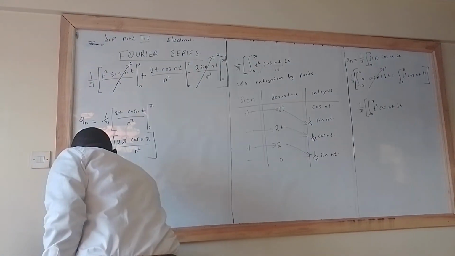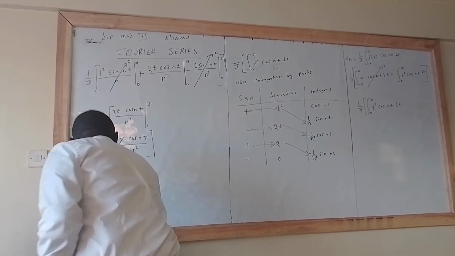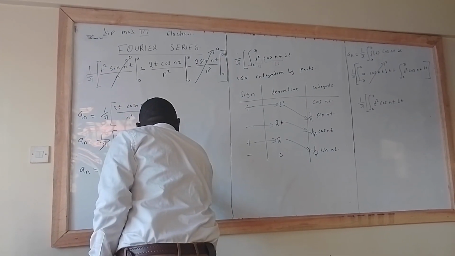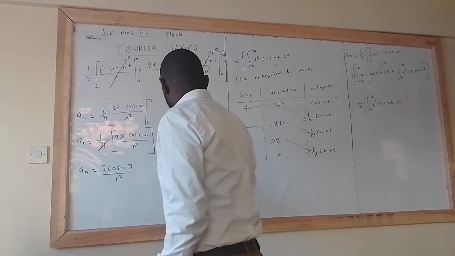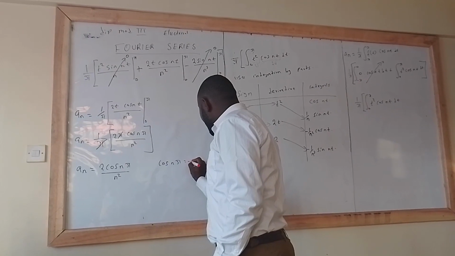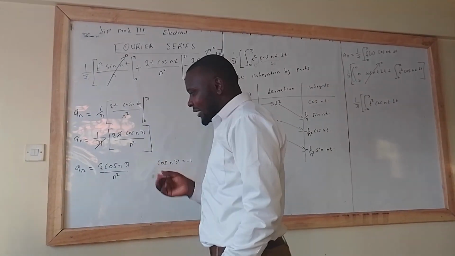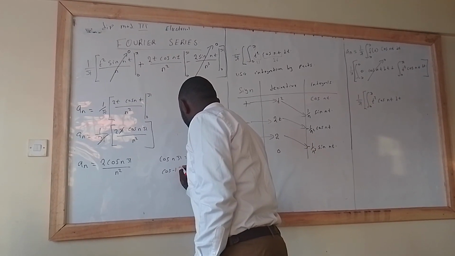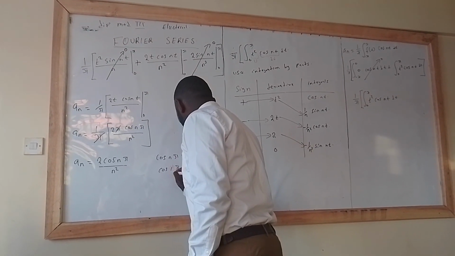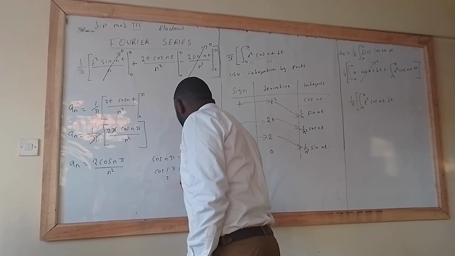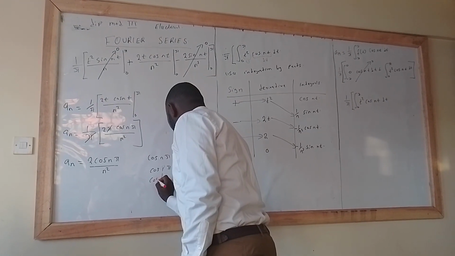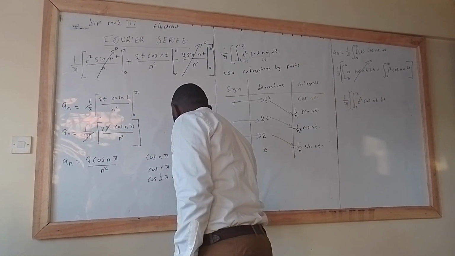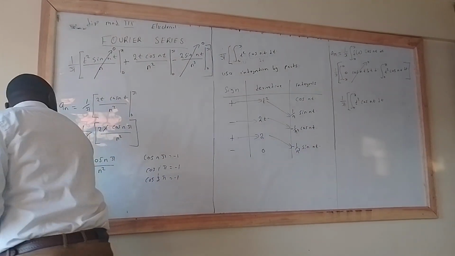Now for a_n, we know that cos n pi, if n is odd, will become -1. We did that. For example, cos of 1 pi will be -1, cos of 3 pi will be -1. So we will not waste time on that.